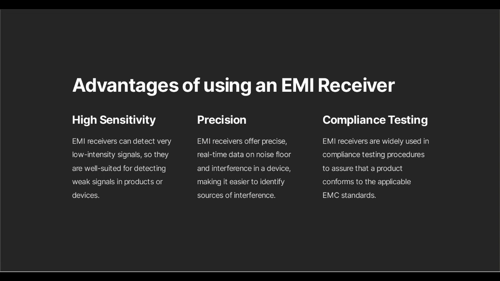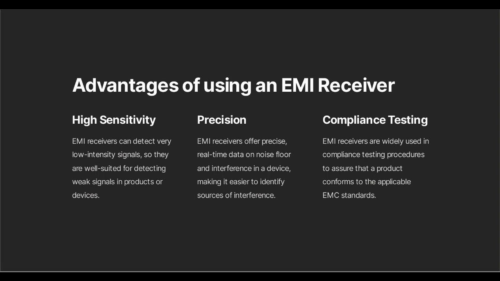EMI receivers offer precise real-time data on noise floor and interference in a device, making it easier to identify the source of interference. Precision is also a very important parameter. So what the EMI receiver is giving us is precise real-time data on noise floor and interference in a device.